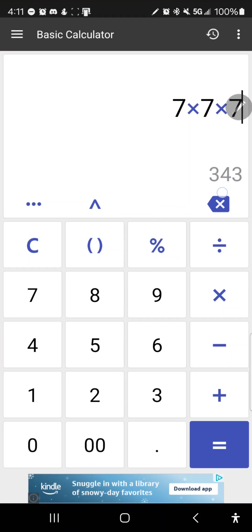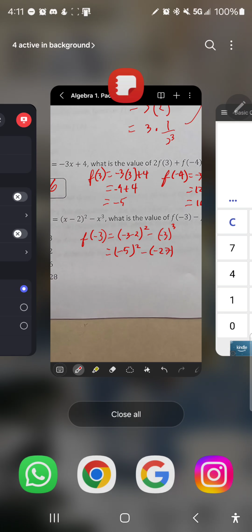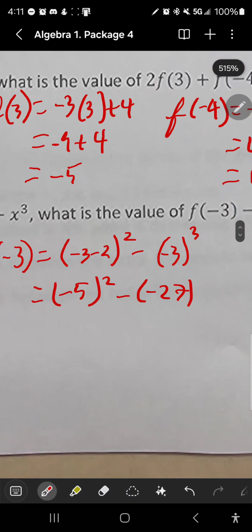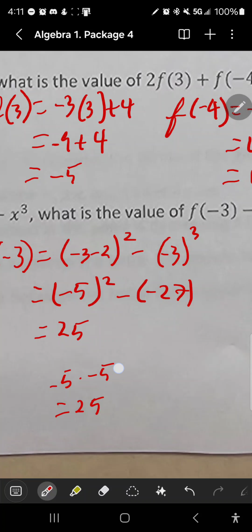You can do it on your calculator, negative 3 times negative 3 times negative 3, negative 27. Another way, this is what I do in my mind, is 3 times 3 is 9, times 3 is 27. Then we keep the sign because it's cubic. Now, negative 5 squared is just positive 25, because negative 5 times negative 5 is positive 25 since they have the same sign. So here we go, and then minus minus is plus. So plus 27, and the answer is 52.